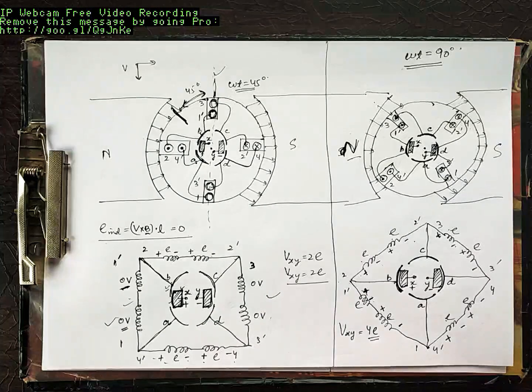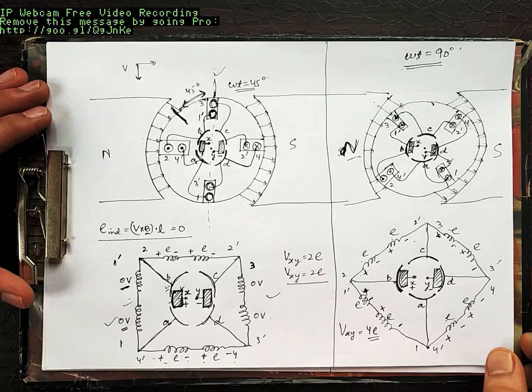But this was the case of an ideal DC machine. We didn't consider all the factors in this. In a real DC machine, there are problems with the commutation. And what are the problems with commutation in real DC machines that we are going to discuss in this lecture?